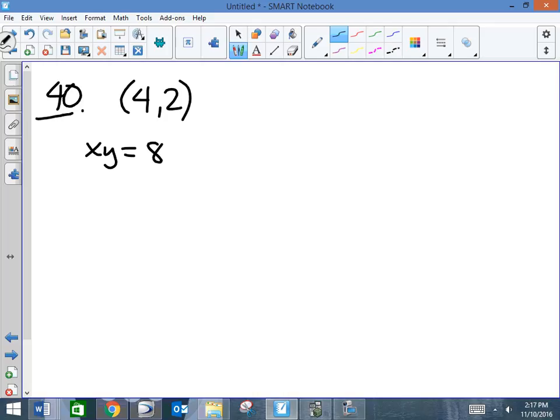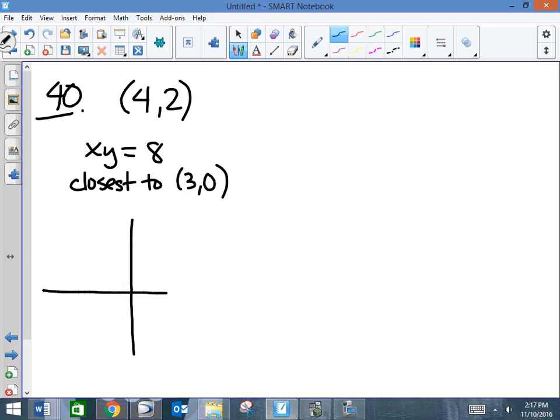Okay. We got x equals 8. And we're trying to look for the closest to what point? 3, 0? All right. Did you graph it? So if you graph it, just do this, and this will be it.